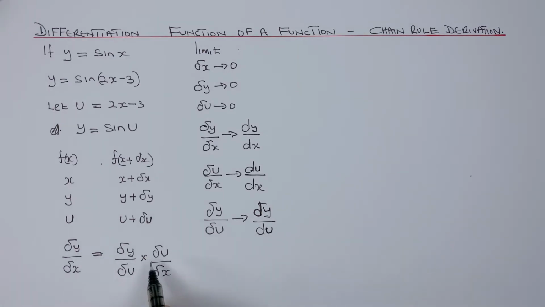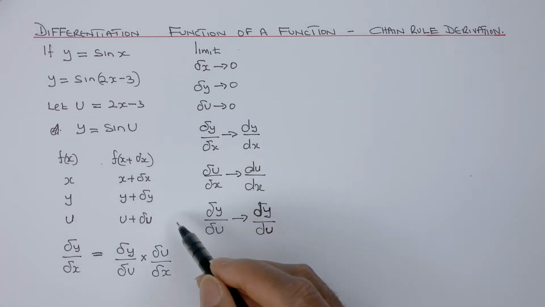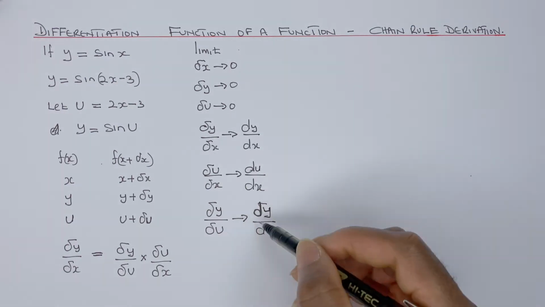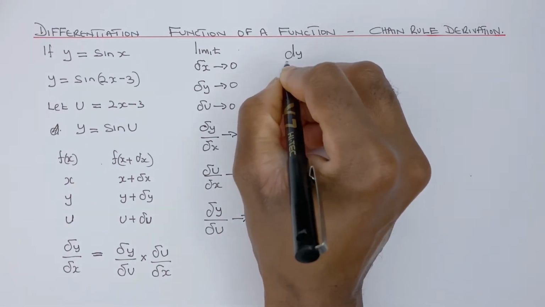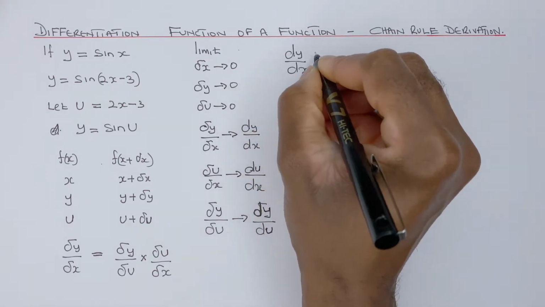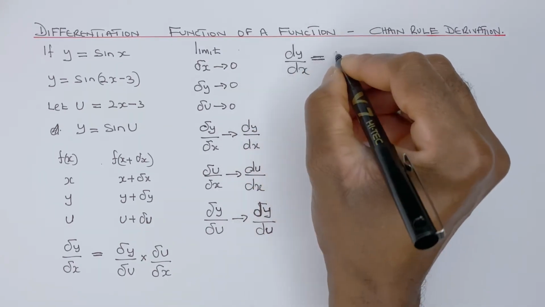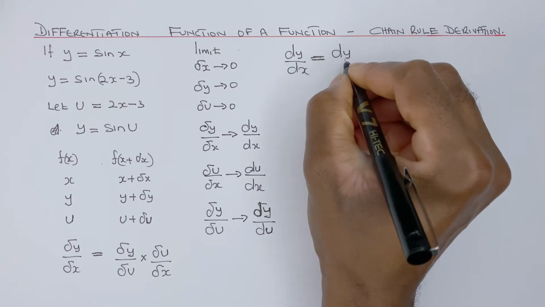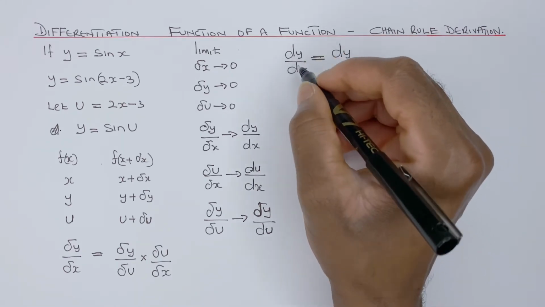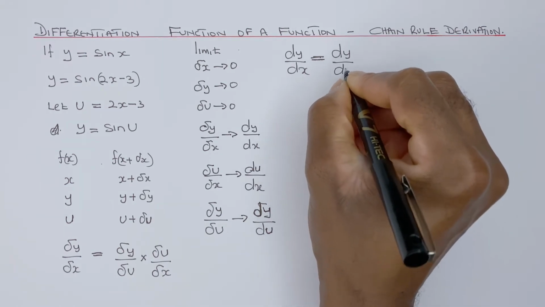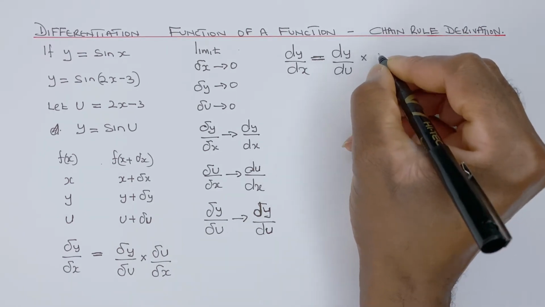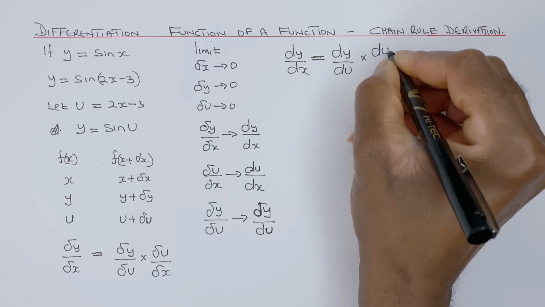So that's what all these are going to be applied. Instead of now using the limit, we'll be using this. Therefore, we can say dy over dx equals dy over du times du over dx.